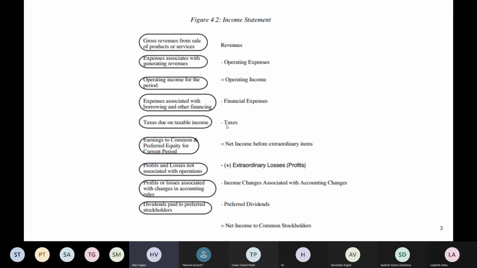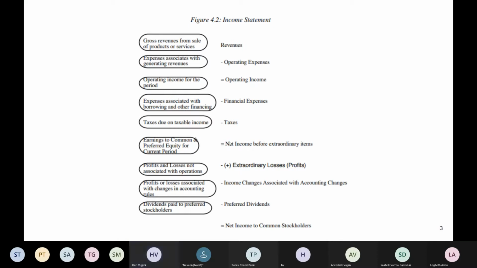Individuals pay taxes, and businesses also need to pay taxes. So from the operating income, if we subtract the financial expenses and taxes, we get the net income. This is the net income that we get from the operations.